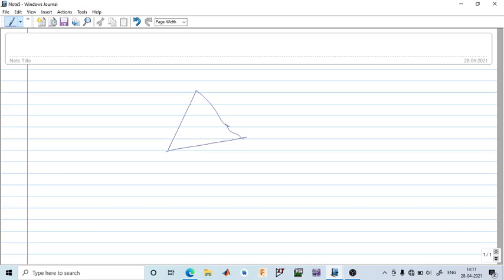What we normally do if coordinates are given, we normally suppose x1 y1, x2 y2, x3 y3, this distance is A, this distance is B, this distance is C.